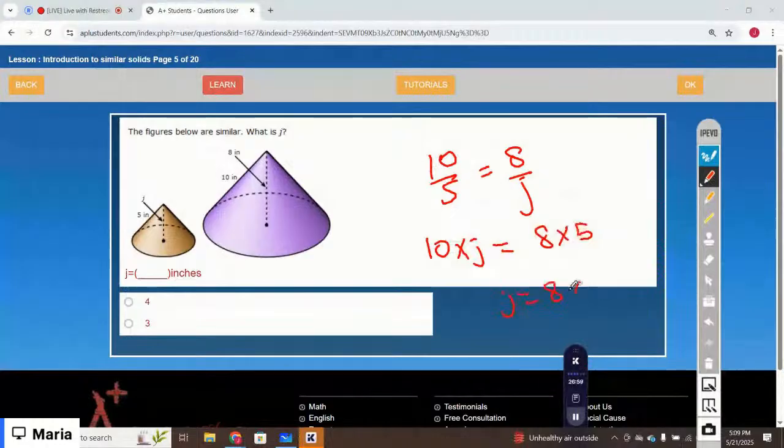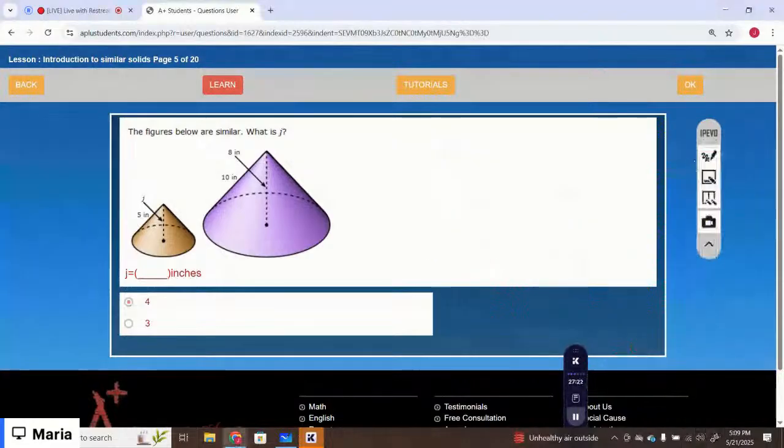J equals 8 times 5 over 10. 40 divided by 10 equals 4. Option number 1 is the correct option. That is J equals 4.